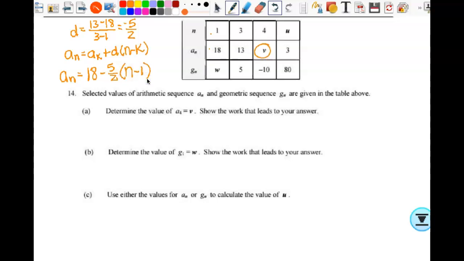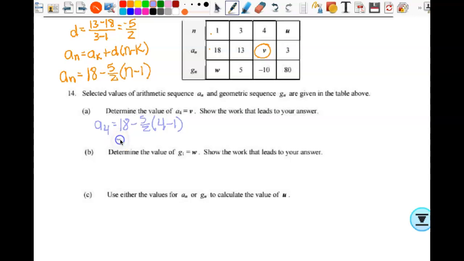Okay. So if I want to find a sub 4, which is v, so a sub 4 is equal to 18 minus 5 halves times 4 minus 1. Okay, so 4 minus 1 is 3 times 5.